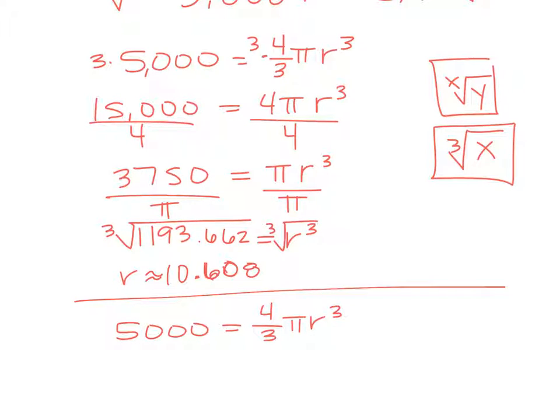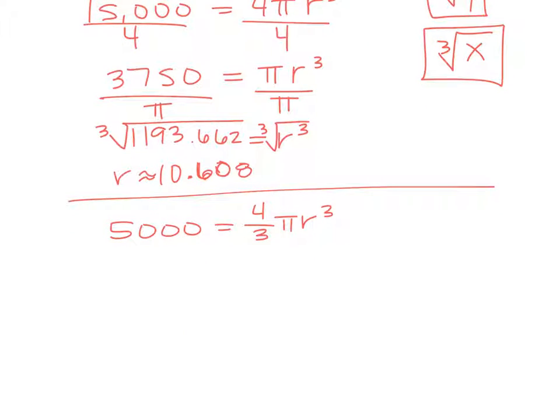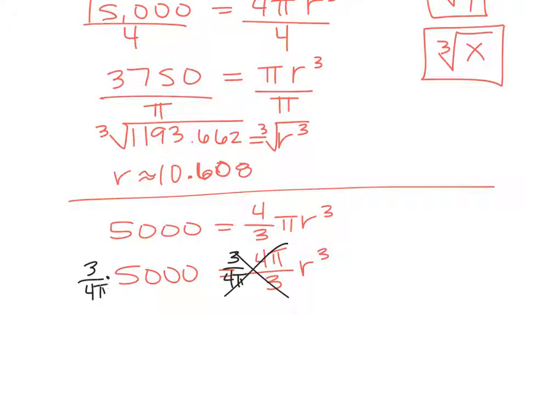You flip it, right? So you kind of have to think of this as 5,000 equals 4 pi over 3 times the radius cubed. And then we're going to multiply by 3 over 4 pi. Okay, so that will cancel all this. And then multiply here by 3 over 4 pi.